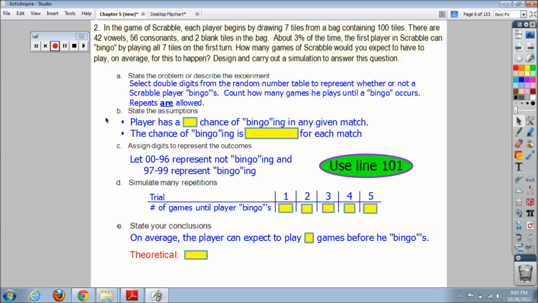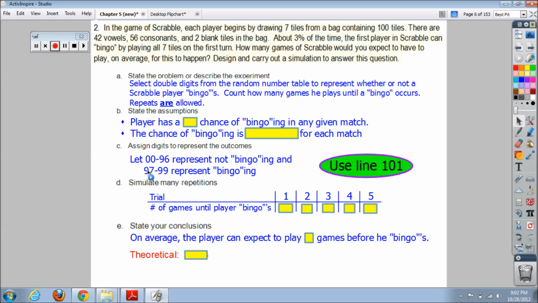Now repeats are going to be allowed here, okay? Because we're not referring to specific numbers from the random number table to represent certain events. So we're going to let 00 through 96 represent not bingoing, because that's 97 numbers out of 100.